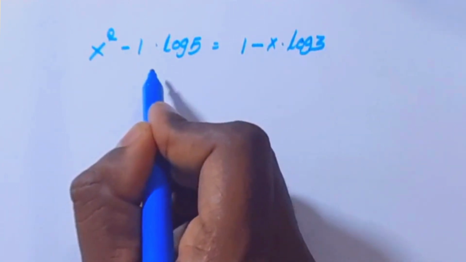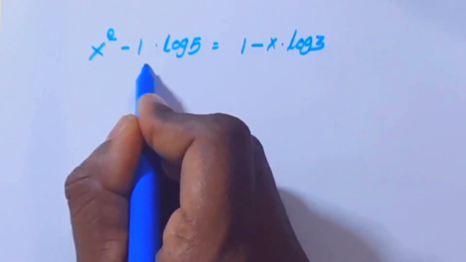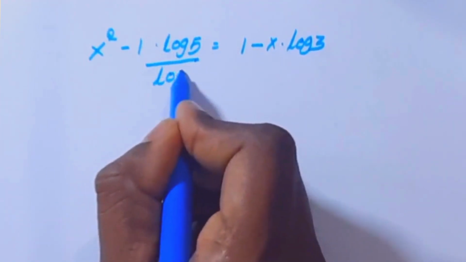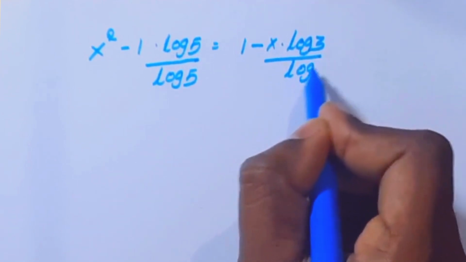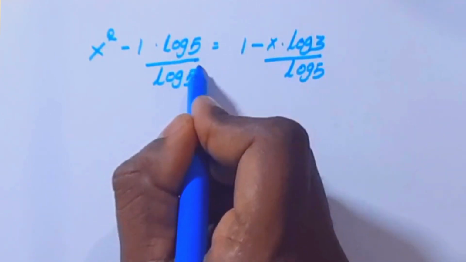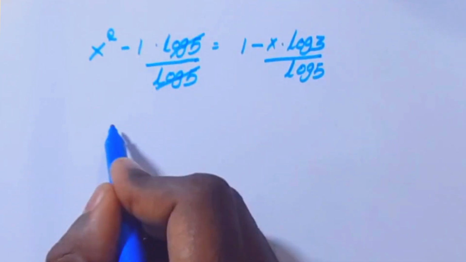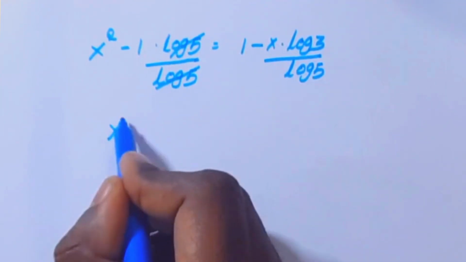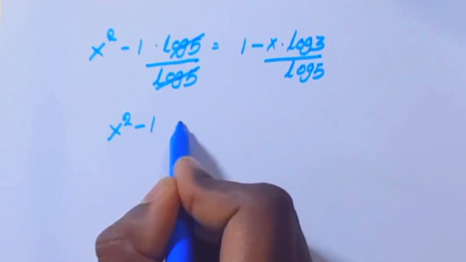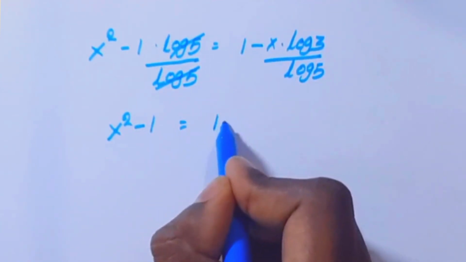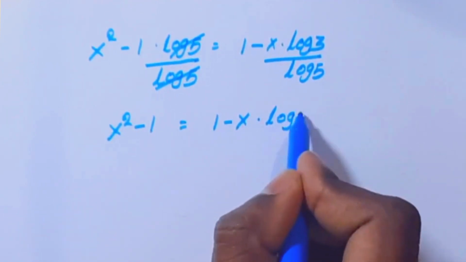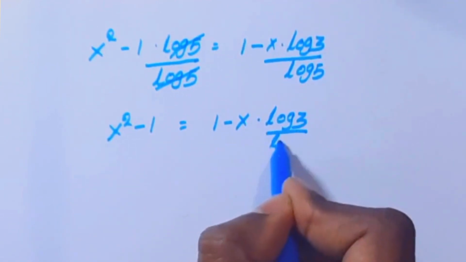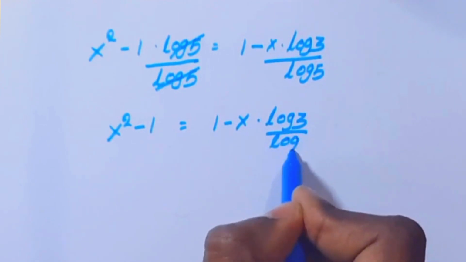In this equation we are going to divide by log 5 on both sides. Log 5 cancels this. So we have x squared minus 1 equals 1 minus x times log 3 by log 5.